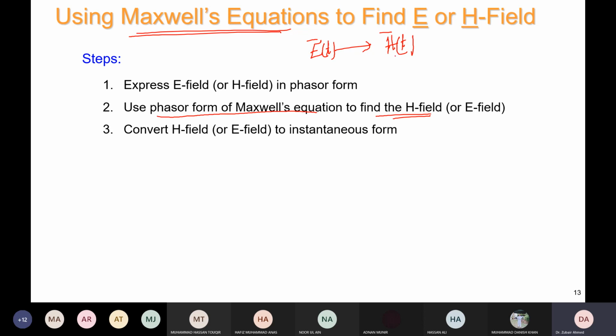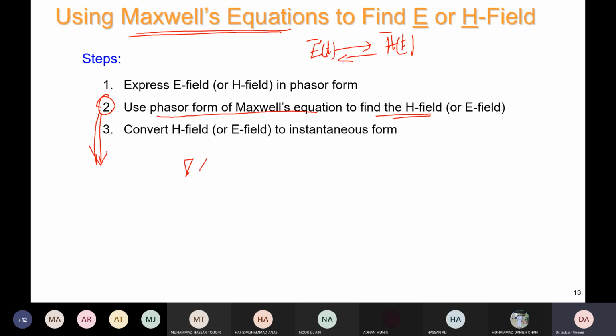Obviously, if we are given the magnetic field, we can also convert it back to electric field using the same steps. So I want to elaborate on this step, that is how to use Maxwell equation to find the H field, let's say given the E field, and how to find the E field, let's say we are given the H field. For these steps, what we can use is Maxwell curl equation.